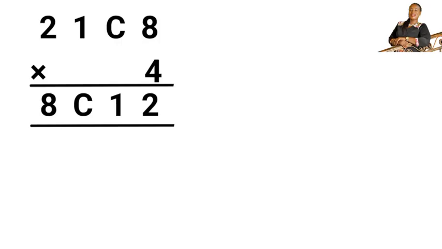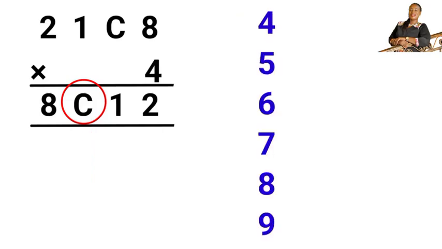So we have 21C8 times 4. Here, C will be the result of this multiplication. 4 times 1 equals 4, if we did not carry from the previous calculation, but if I have a carry, my number here will be larger than 4. So C could be 4, 5, 6, 7, 8, or 9.